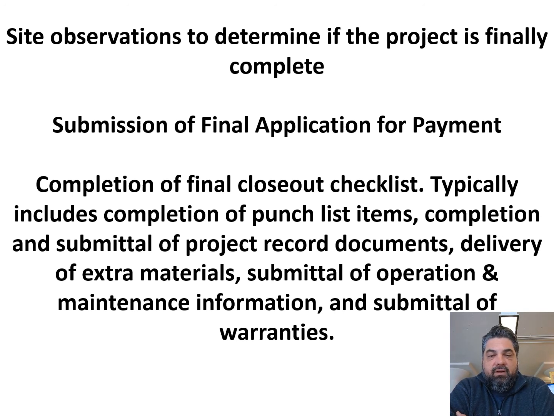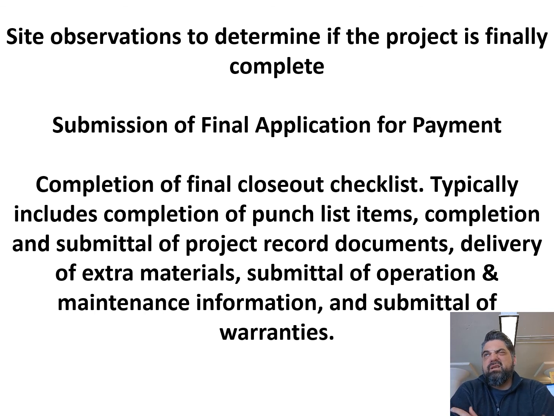And that typically includes, in addition to the punch list, submittal of the project record documents and any extra materials. So you may specify carpet and say, in addition to the carpet specified and what gets installed, there needs to be 5% extra that the owner will store and retain in case they get a stain or whatever.